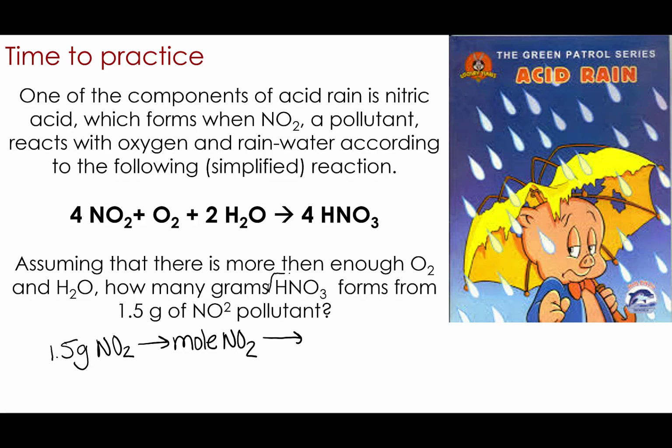What's my destination? It wants to know about the nitric acid, so I'm going to take moles of NO2 to moles of HNO3. And lastly, it's asking for grams, so we're going to take that to grams of HNO3. That's our thoughtful path through this problem.